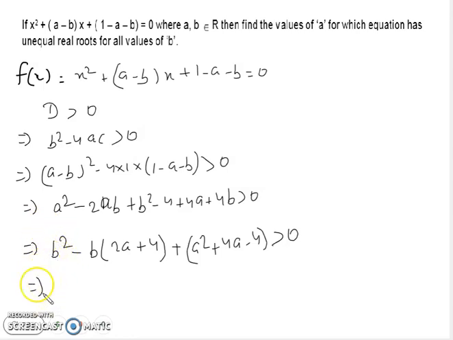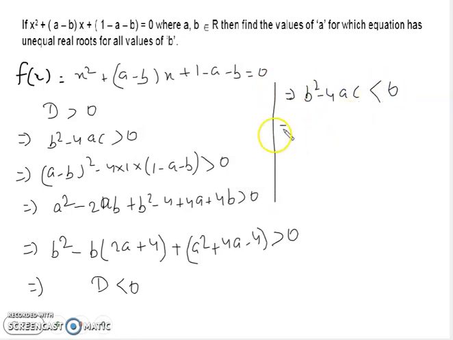And now D is also less than 0 for this condition, so b square minus 4ac is less than 0. What is the value of b here?